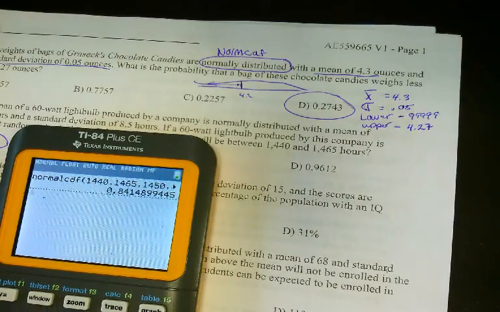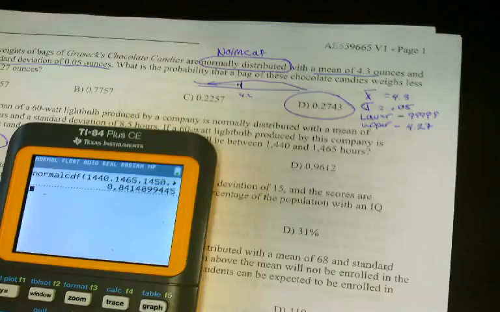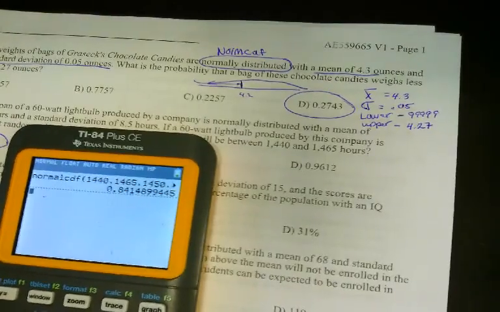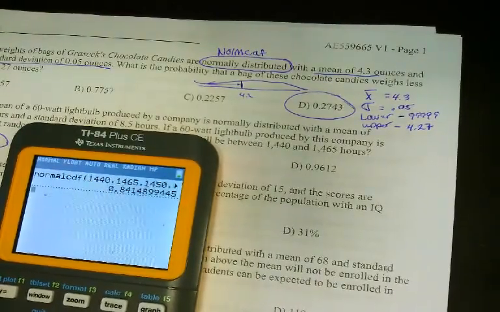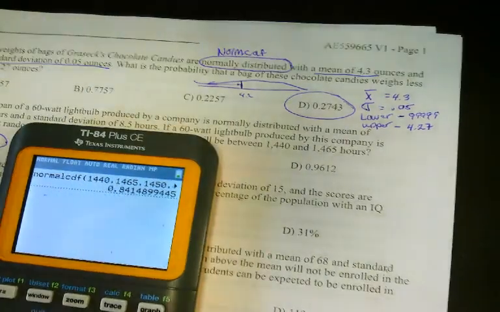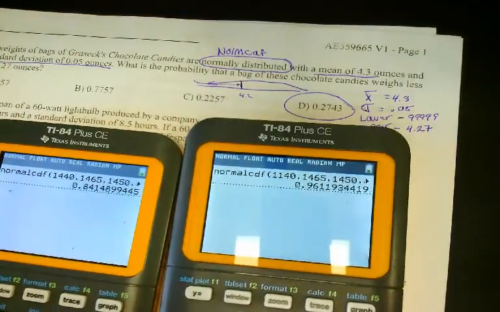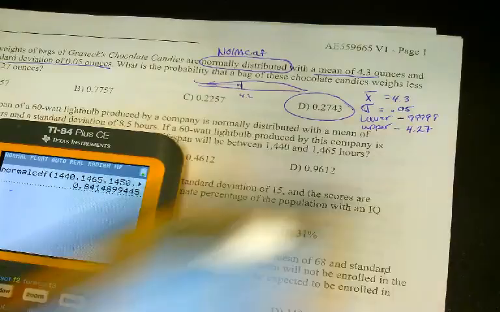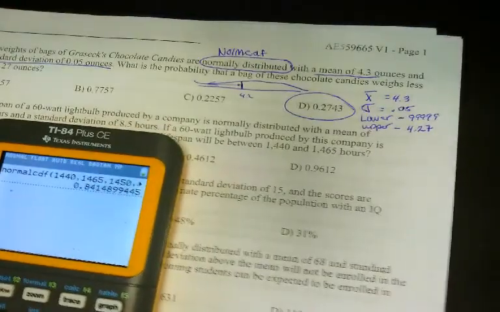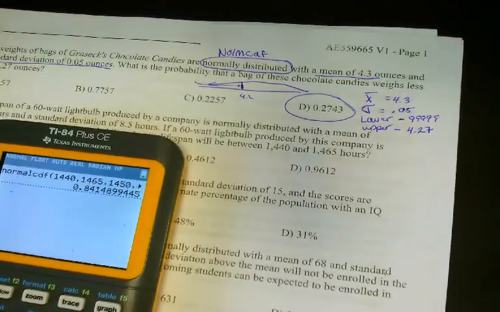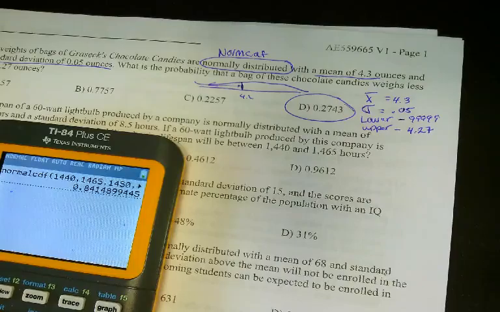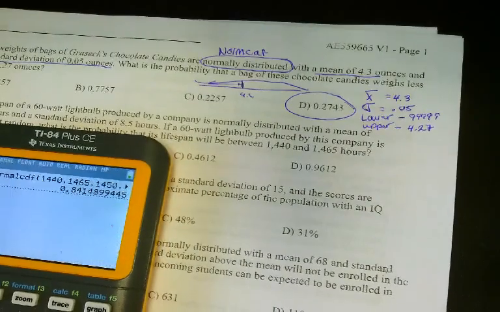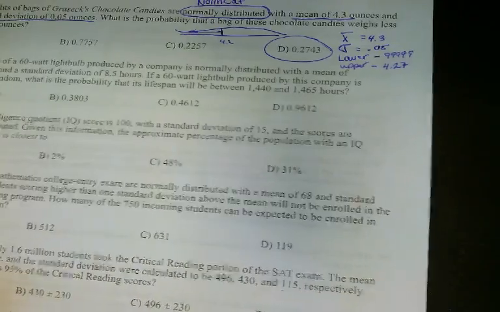Right now you're getting a different number? Pass your calculator up. You don't have the first number typed in right. You have 1140. It's 1440.